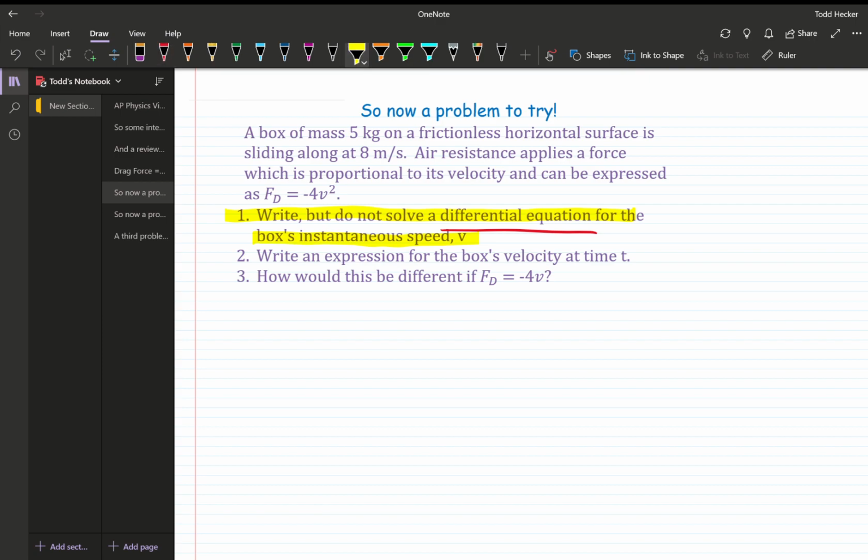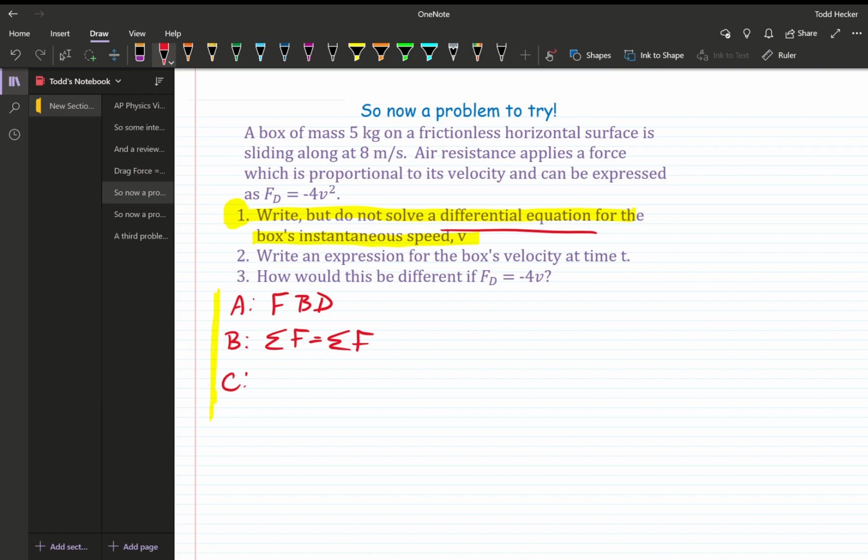All right, so for number one, I'm going to do everything for number one right here. Here are the steps we're going to follow. Step A, make a free body diagram. Step B, write a net force equals net force equation. Step C, all you're going to do is, so your net force, remember that's mass times acceleration.